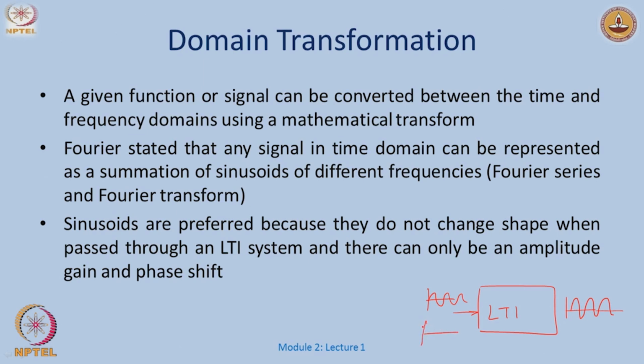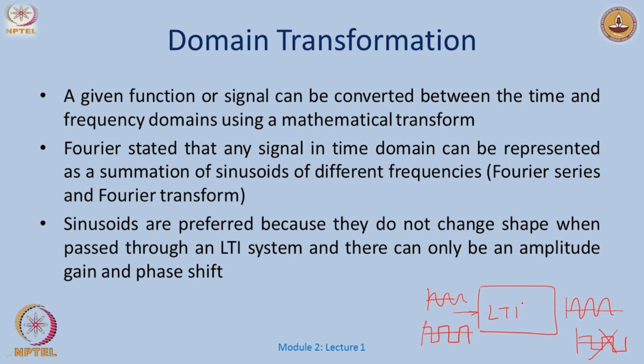On the other hand, if I send a square wave, right, the output will not be a square wave. Okay. And therefore, analyzing sinusoids is useful, because if I send a sine wave, I will still have a sine wave over here.